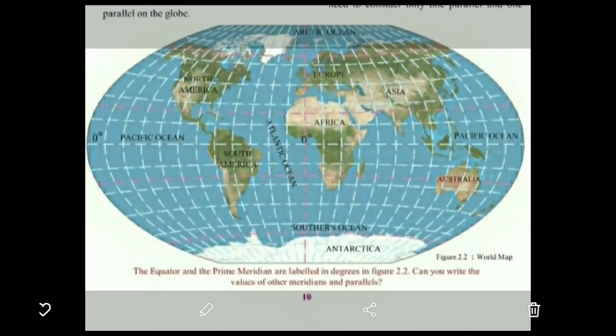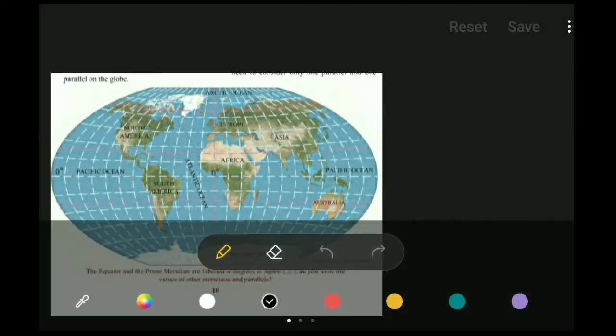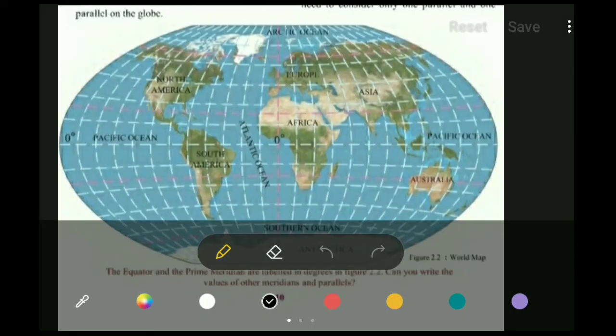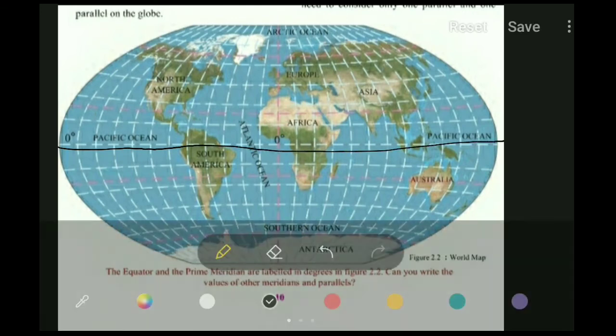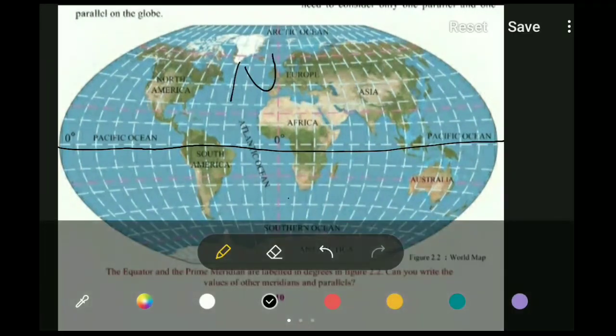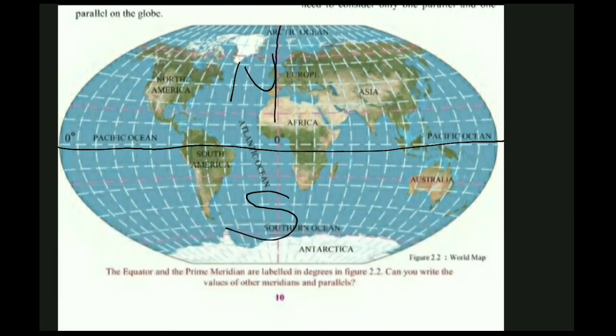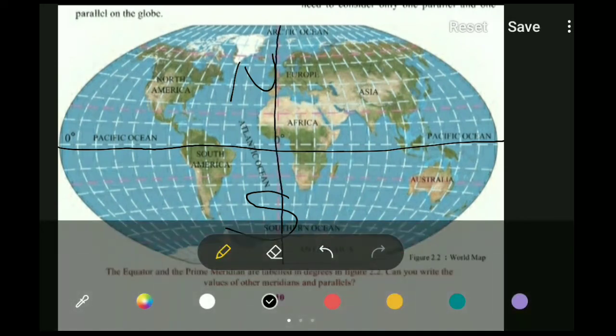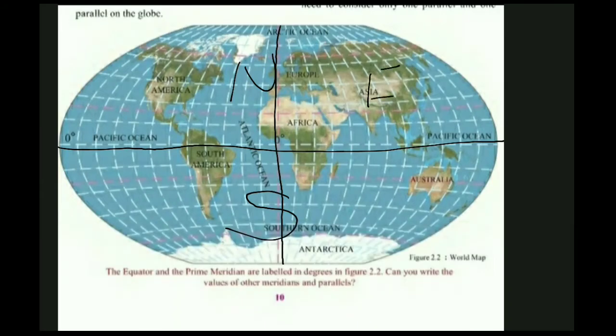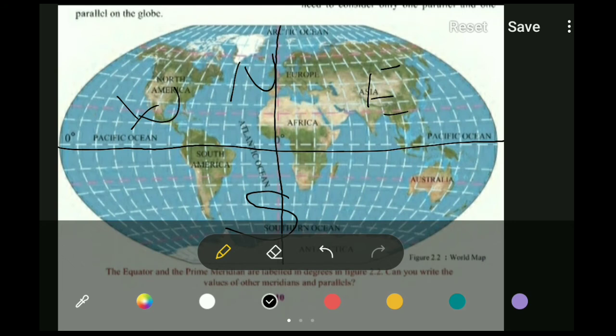Now you know, students, that the 0-degree equator divides the earth into the northern hemisphere and the southern hemisphere, and this prime meridian divides the earth into the eastern hemisphere and the western hemisphere. So we have in all 4 hemispheres: northern, southern, eastern and western.